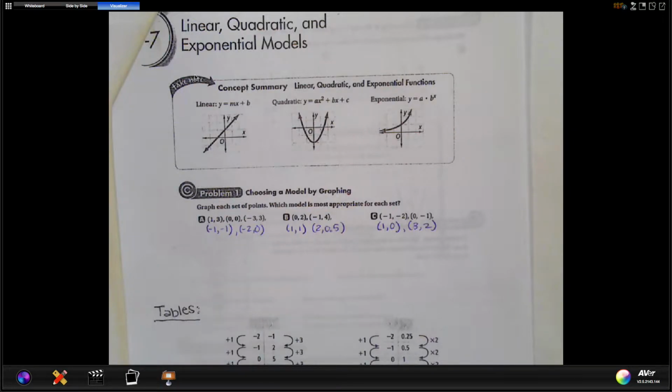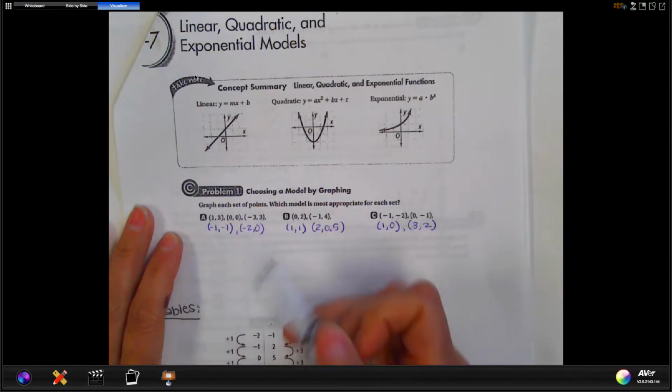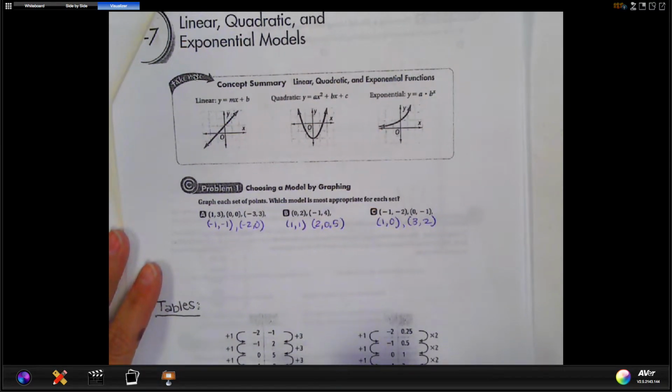So here's our first set of things that we need to know when comparing them. Sometimes they'll just give you a set of ordered pairs, and you've got to know in your head what the graph looks like to decide what kind of function this is. So you can just do a quick sketch of a graph. For A, how big does this graph actually have to be? What's the highest number? 3.